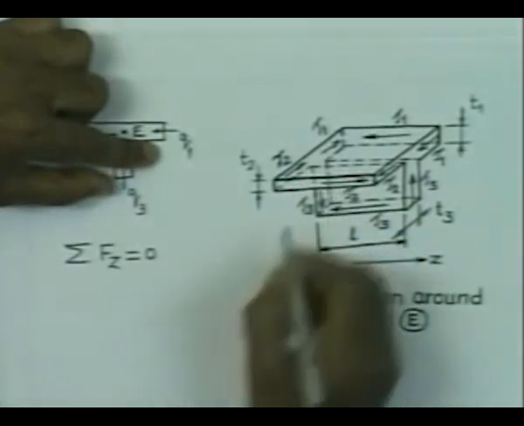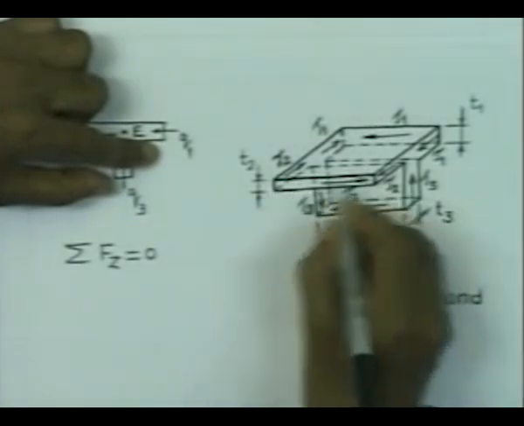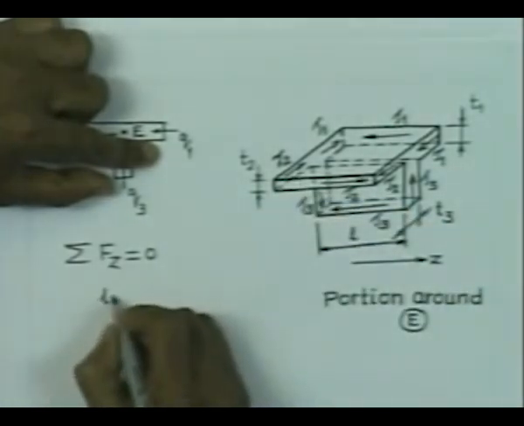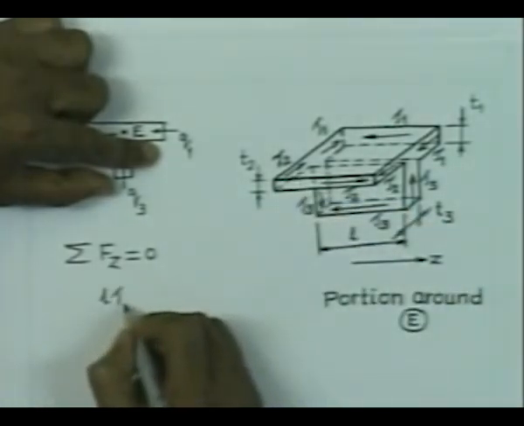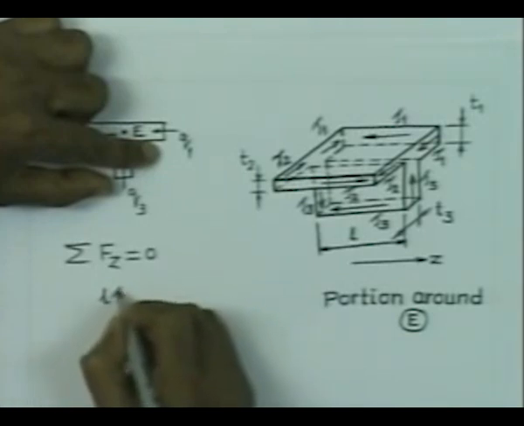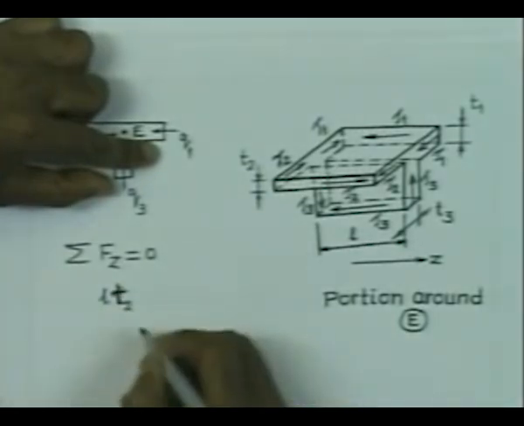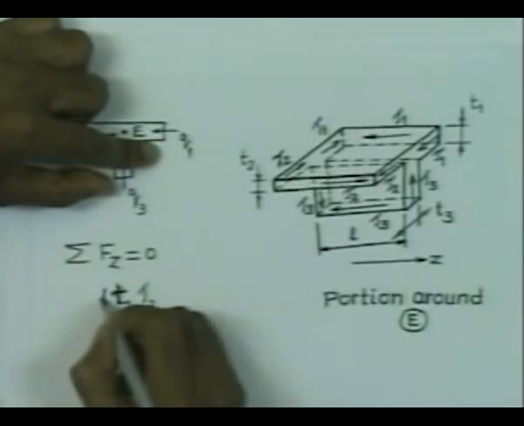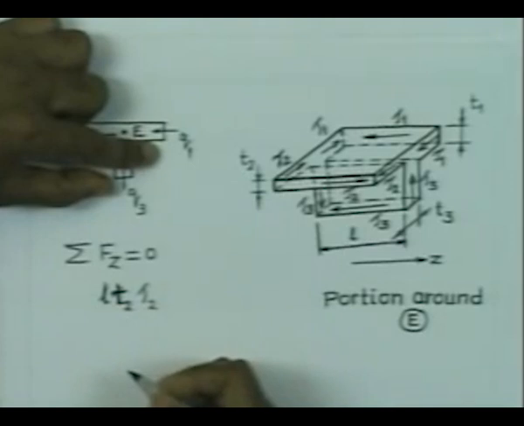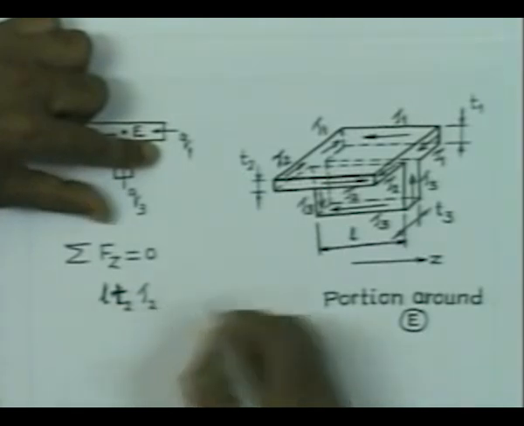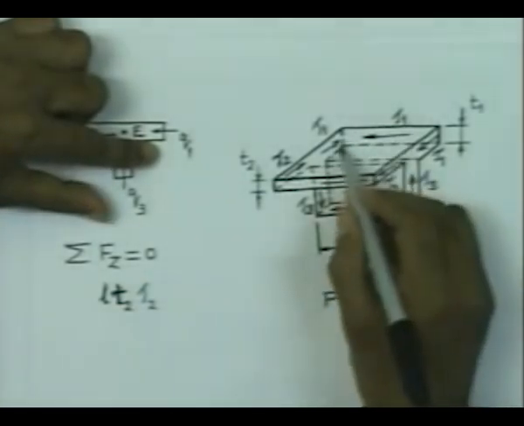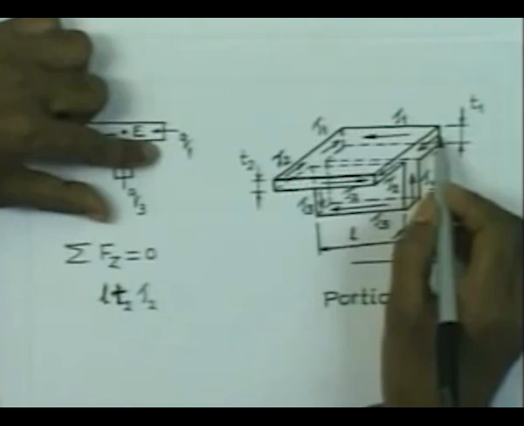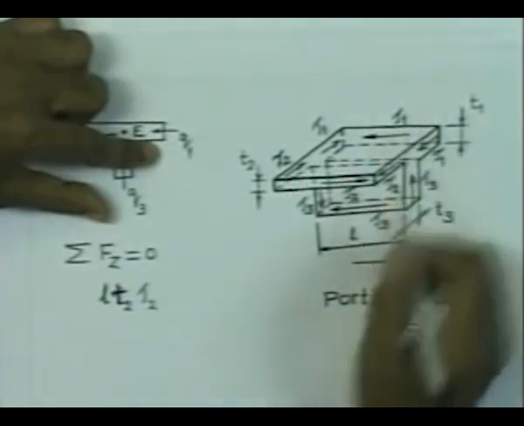Let us now write this area is L into T2. So, L into T2 is the area and the intensity of the stress is tau 2. Therefore, the force is L into T2 into tau 2, and then the other force is nothing but L into T1 into tau 1.